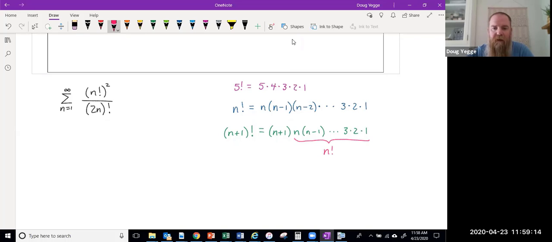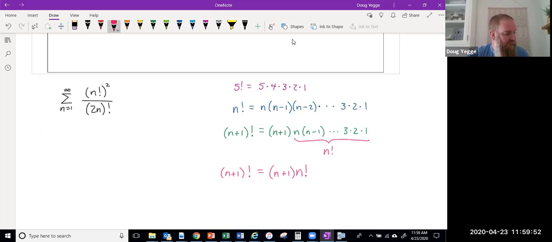So that must mean that n plus 1 factorial is simply equal to n factorial times an extra n plus 1. So this is going to be a really helpful and important idea when you're dealing with factorials, because when I start applying the ratio test, we're going to be getting these values that are going to cancel out because of the fact that n factorial is hidden inside of n plus 1 factorial.